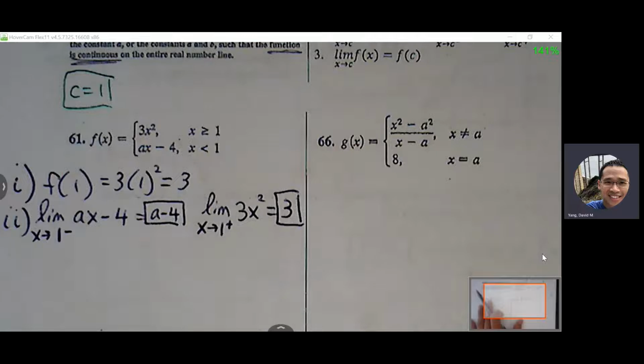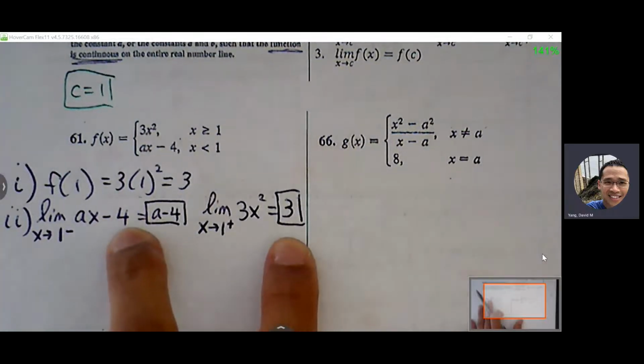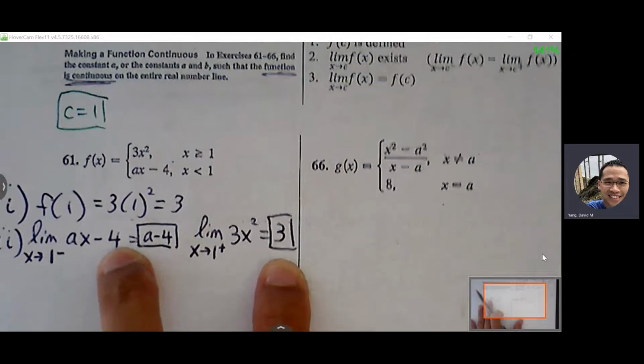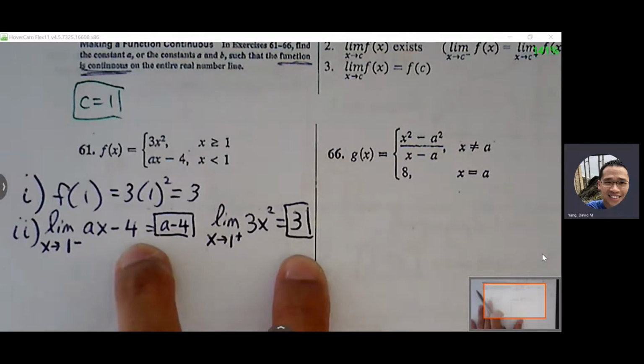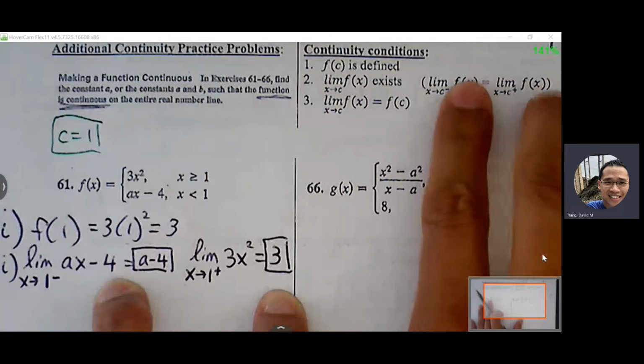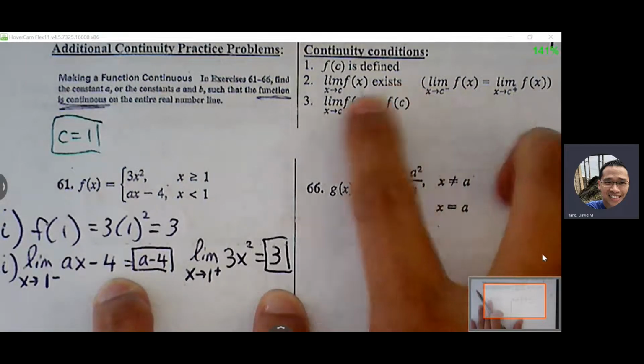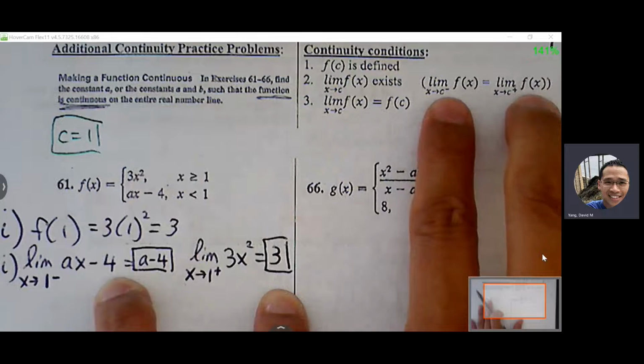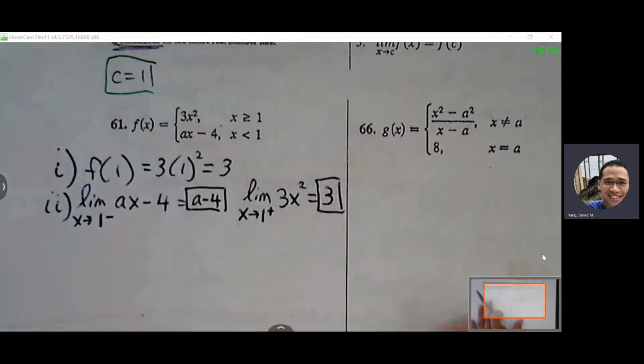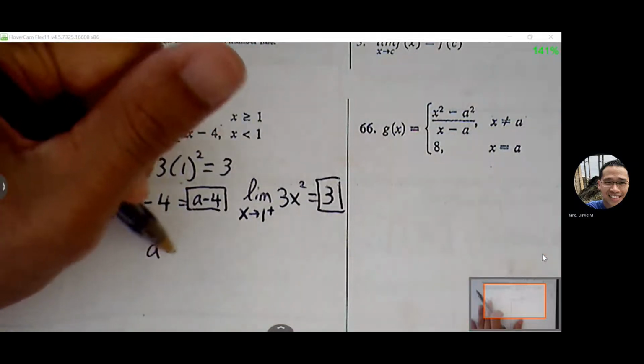Now we want each condition to pass. So what do we need between these two one-sided limits? We have to get them equal to each other, right? If we want the function to be continuous, we have to get them equal to each other. So we'll set them equal to each other.